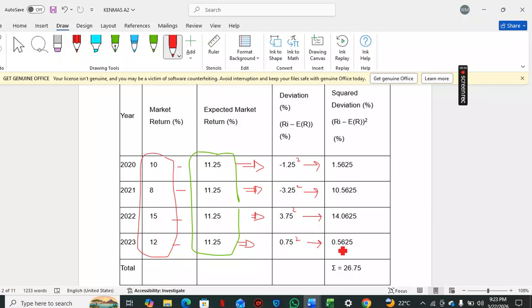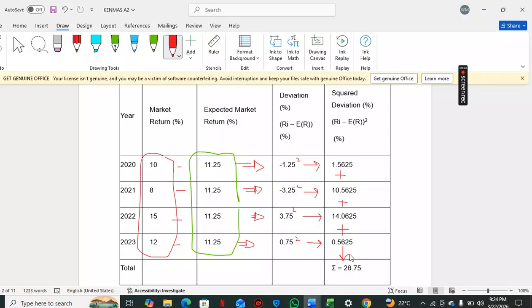After you've squared each deviation, you add 1.5 plus 10.5 plus 14 plus 0.5.